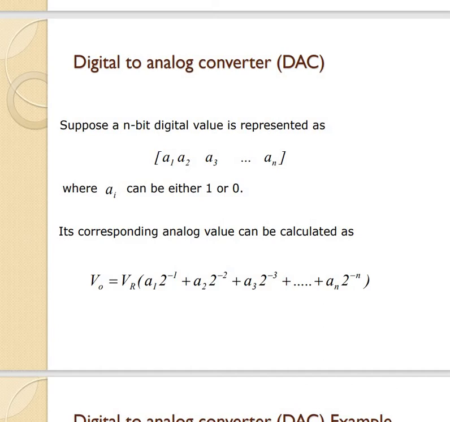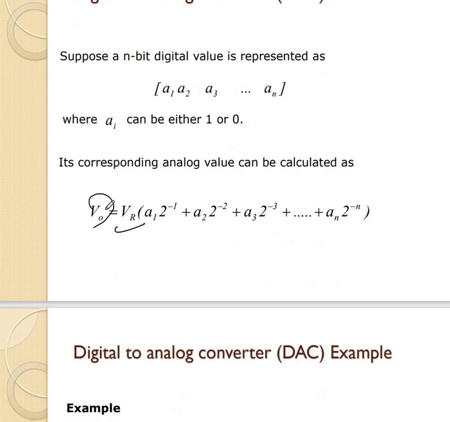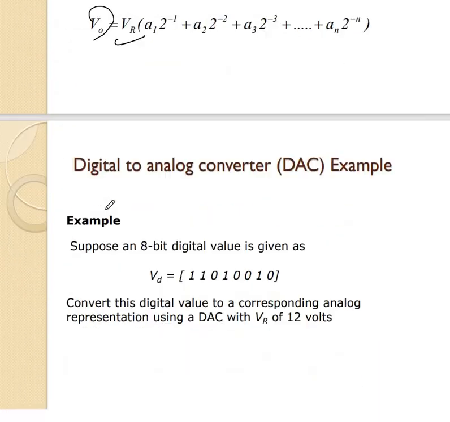The corresponding analog value can be calculated as here. So from the binary number, we can calculate the analog value here. Let's have a look at how to calculate the analog value.